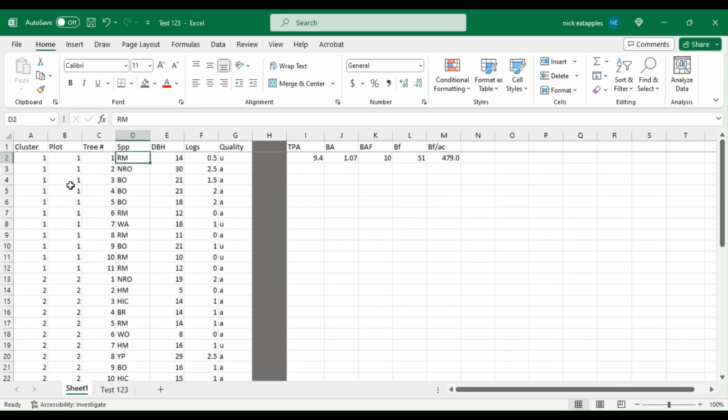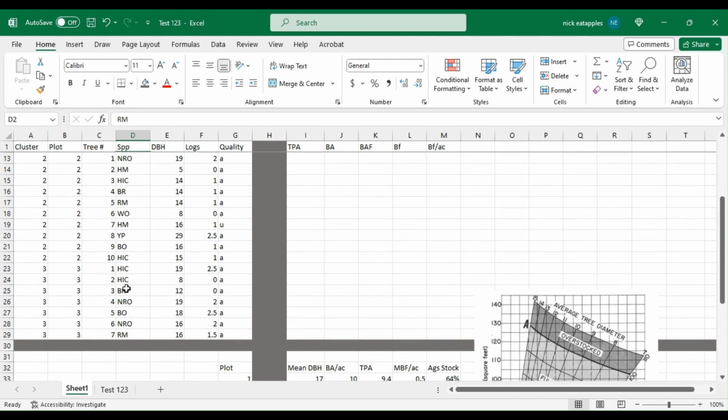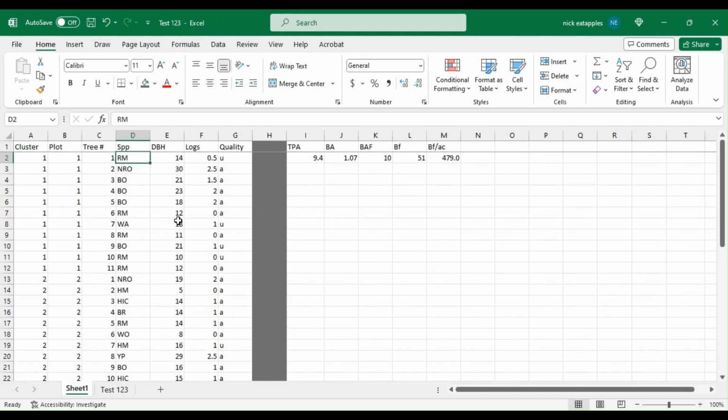So for this example, I have 3 plots. 3 of those variable radius plots that I took out in the woods. The data is actually from a different inventory I did on a different lot, but that's not super important.